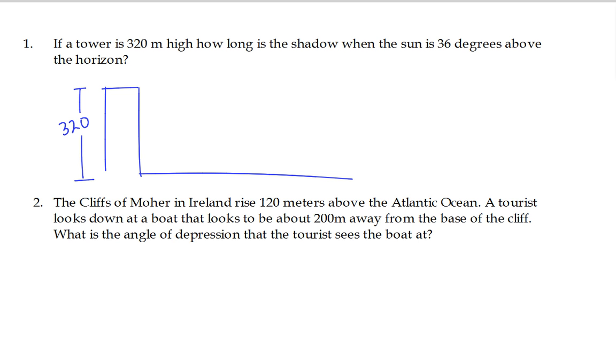So what's a horizon? A horizontal, right? So horizontal, and then you go up how many degrees? 36 degrees. And then the sunshine makes this right angle triangle. And where do shadows live? Shadows are on the ground.